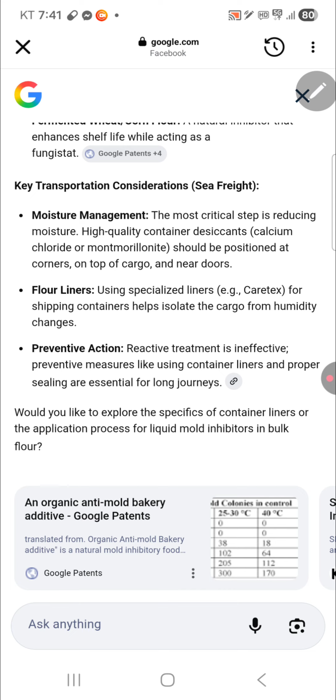High quality container desiccants, calcium chloride, or montmorillonite should be positioned at corners, on top of cargo, and near doors. Flour liners. Using specialized liners, for example Caretex, for shipping containers helps isolate the cargo from humidity changes.